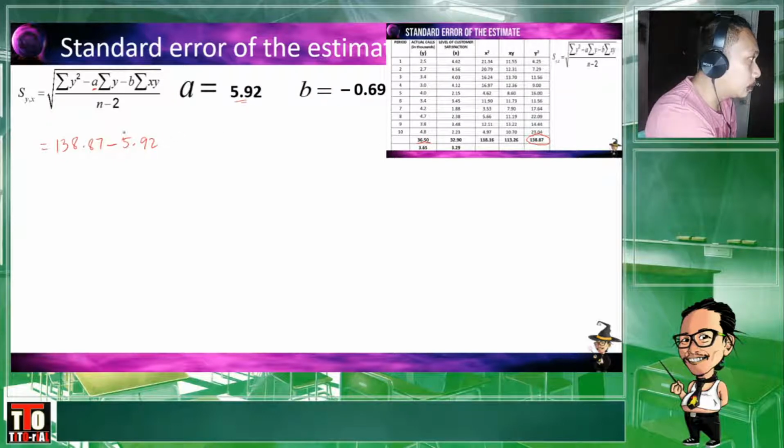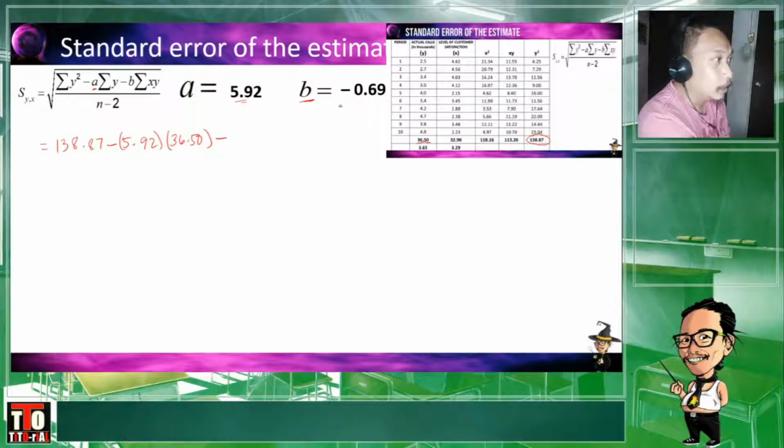So, 5.92 times 36.50, tapos minus the value of B, negative. So this one would be negative 0.69.